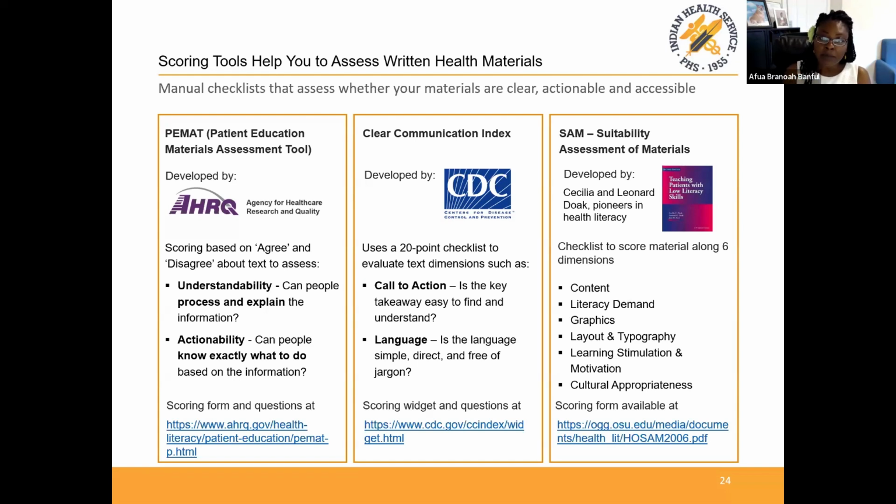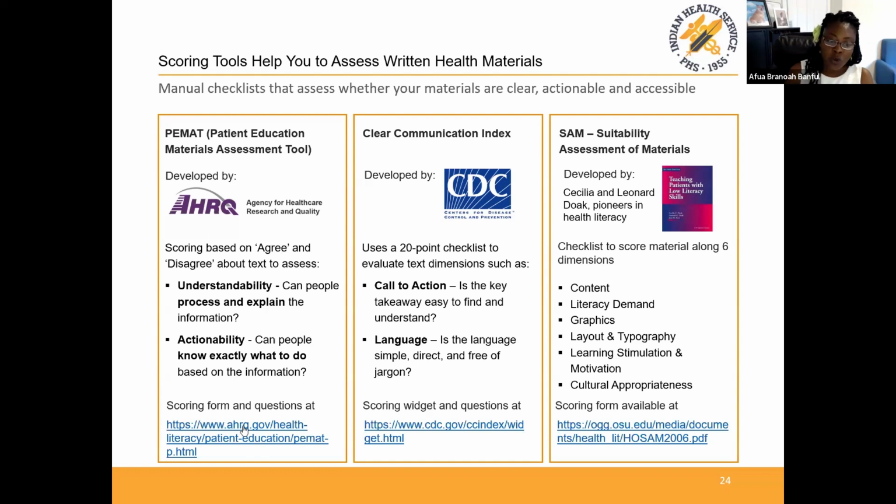So PEMAT comes from AHRQ. And yeah, you really look at your text and you answer the questions. And it's scoring based, I think you give 1 score or 2, whether you know. We'll do each of these next week as much as we can, but play around with them also.